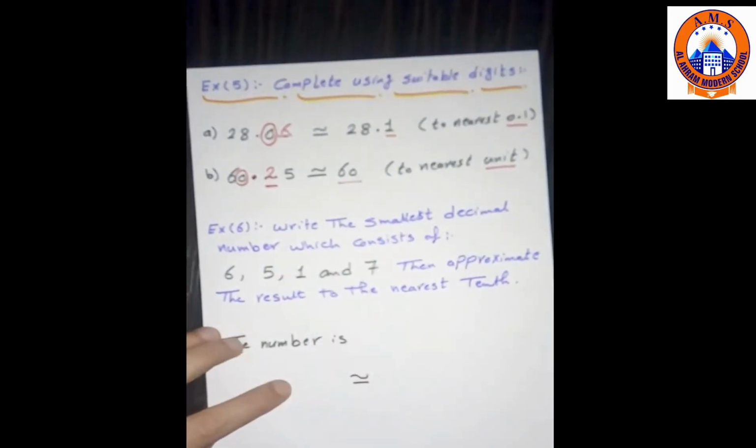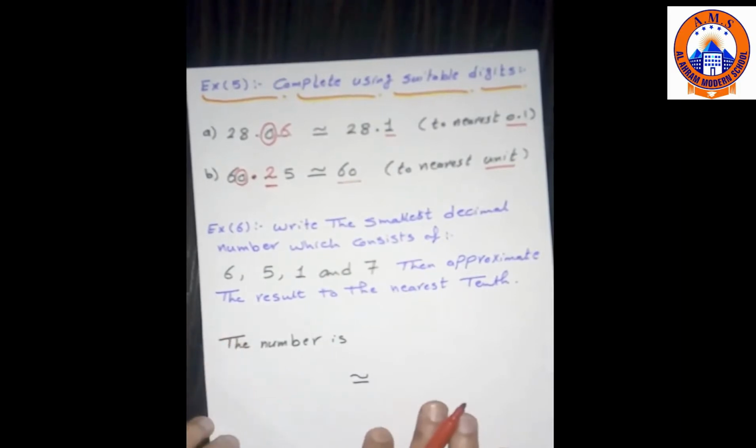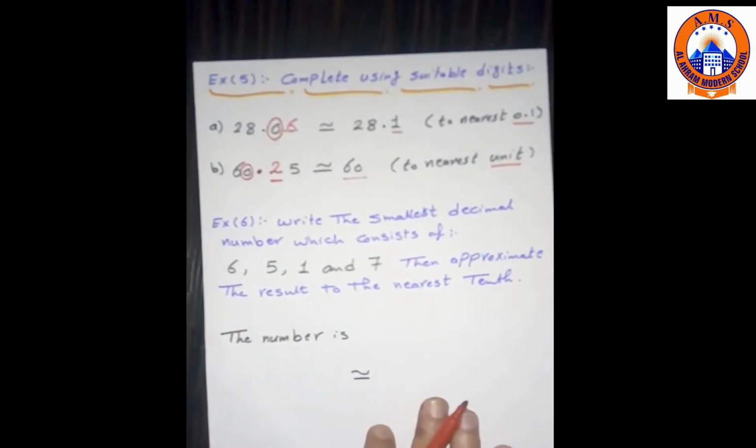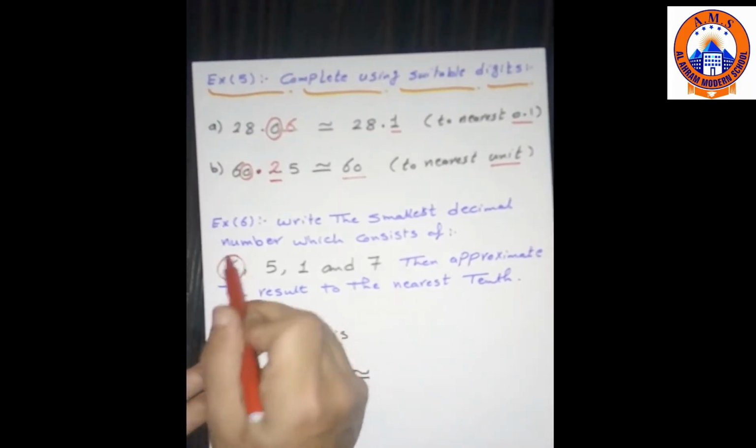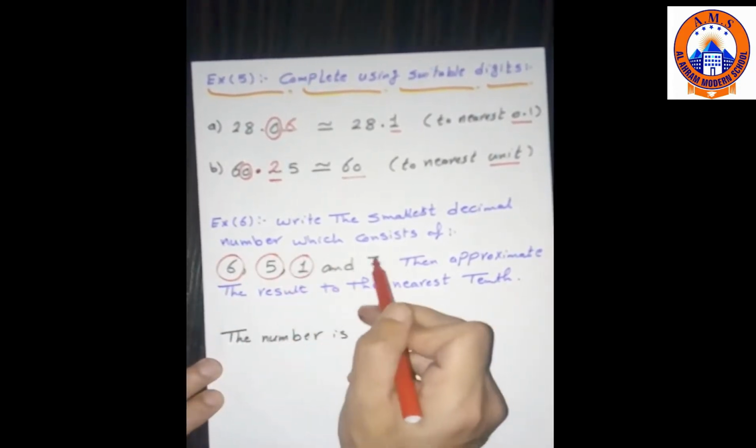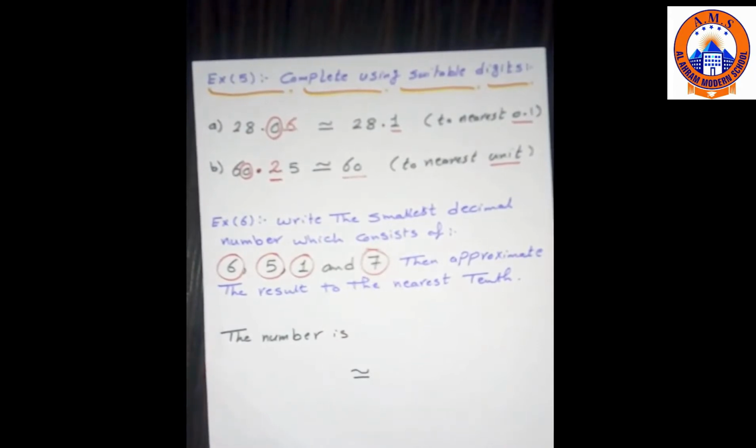Okay. The last question, write the smallest decimal number which consists of the numbers 6, 5, 1, and 7. So we're gonna pick these numbers and form from them the smallest decimal number. Then we will approximate this number to the nearest tenth.